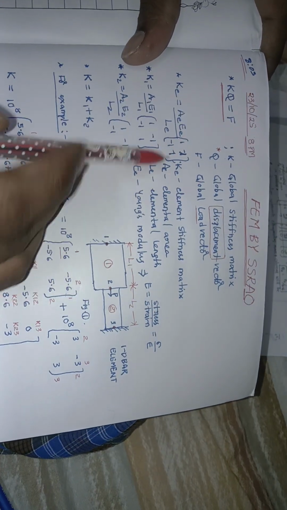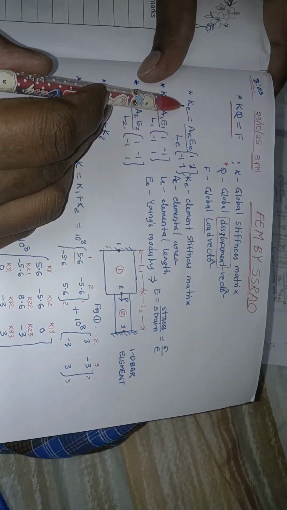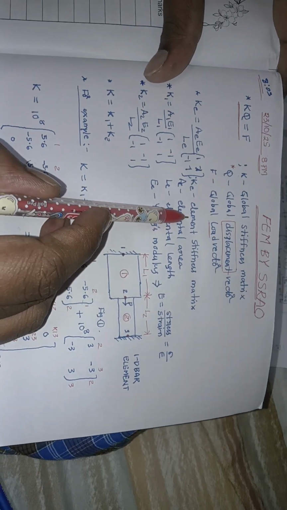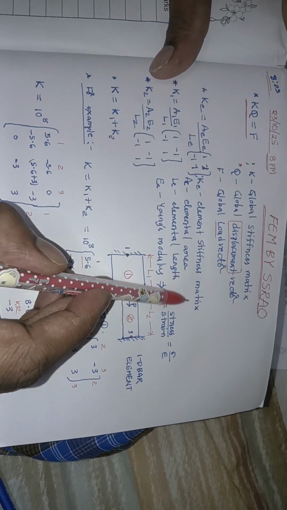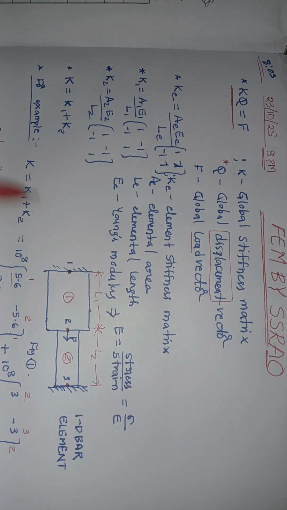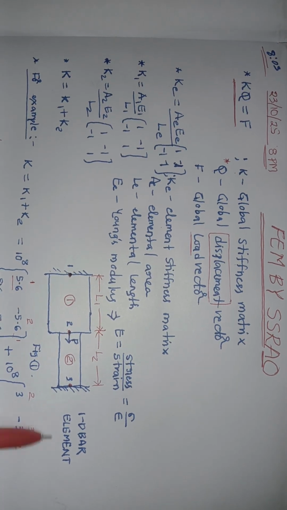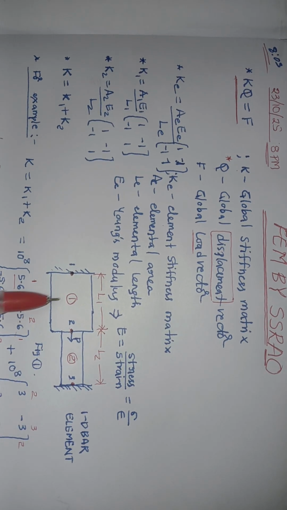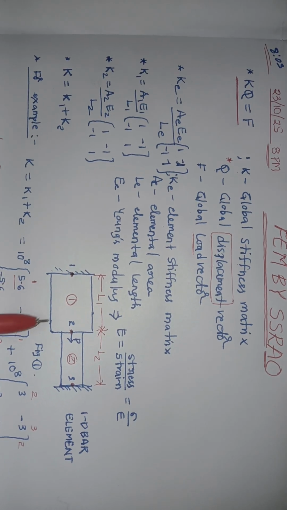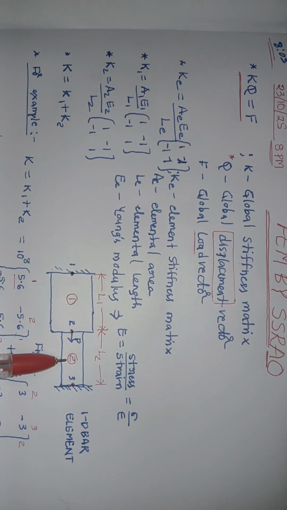So here K is the global stiffness matrix and k is the element stiffness matrix. As you know, there are so many elements in this. For example, if you observe this figure, this is the bar element: this is element 1, and this is element 2.